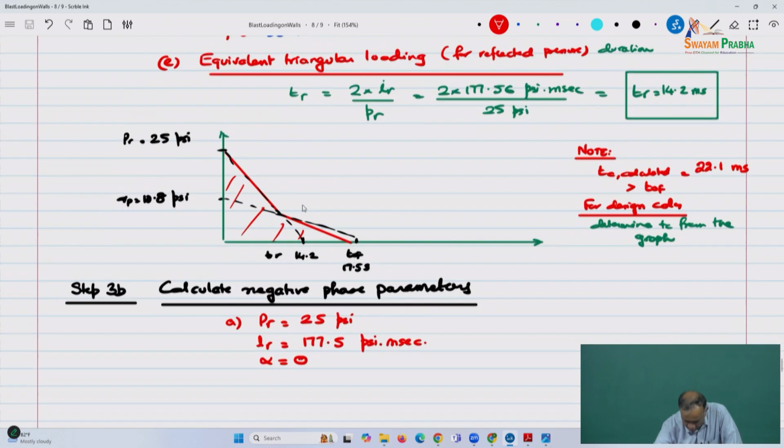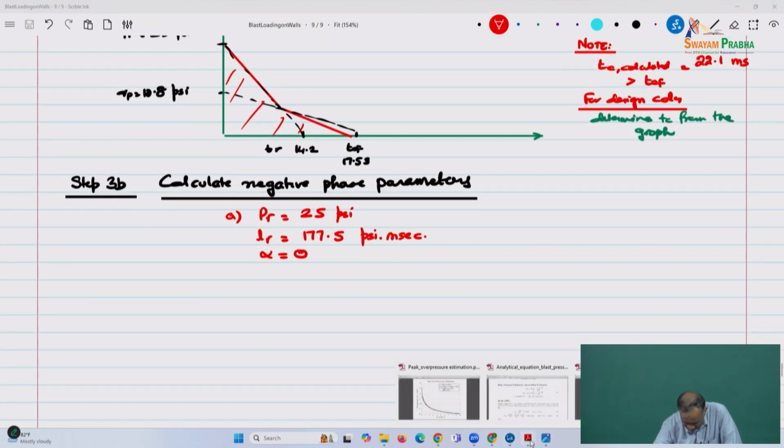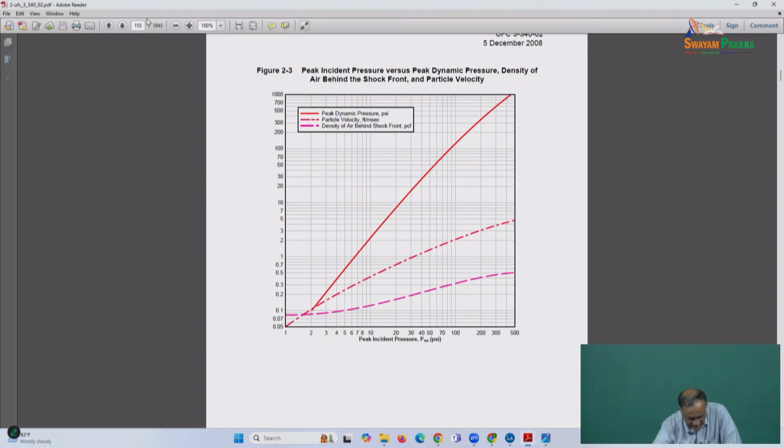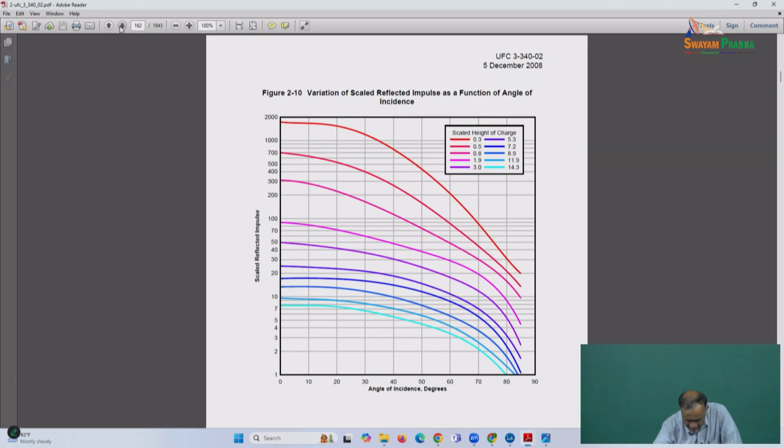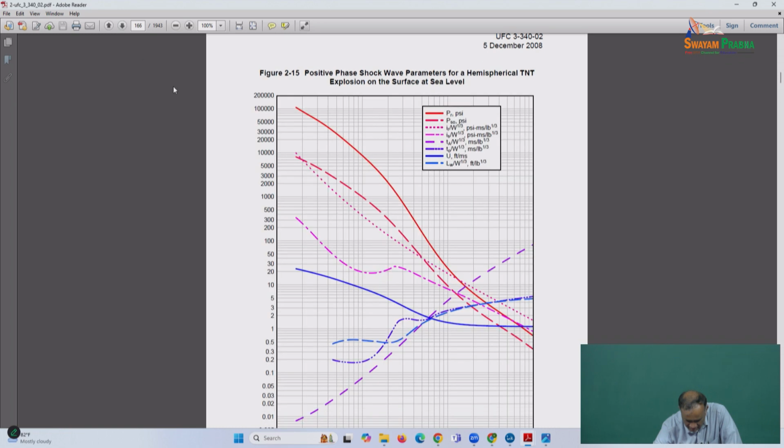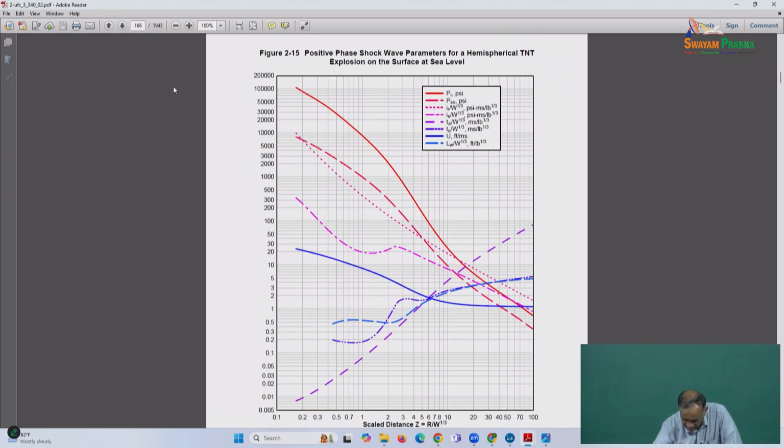If you go back to this figure 2-15, we have to calculate the negative pressure PR alpha. So in order to do this, let me see what I did.